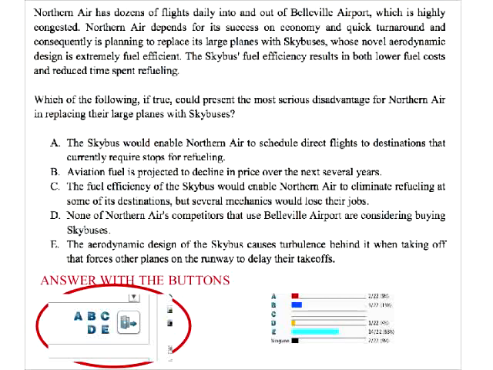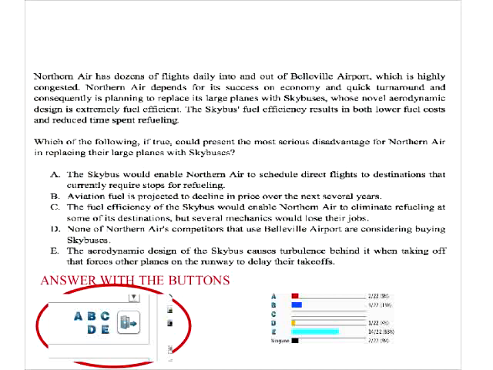The deal here is that the big picture of this argument is this. Northern Air depends for its success on the economy and a quick turnaround. And so it is planning to replace its large planes with Skybuses.